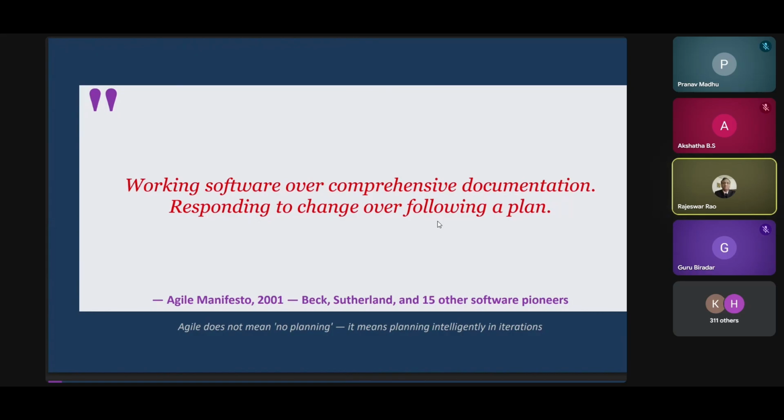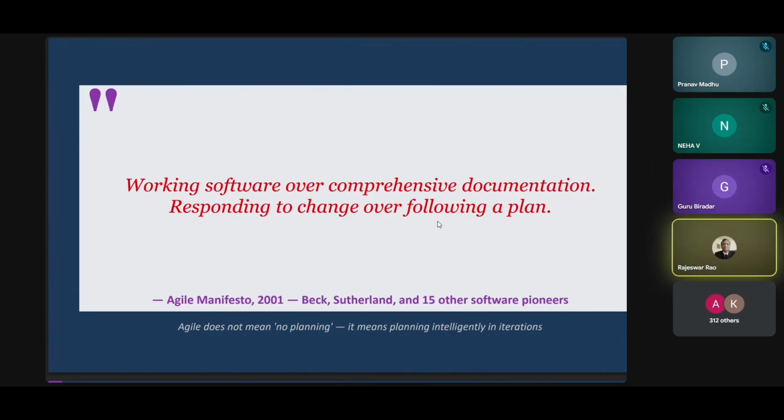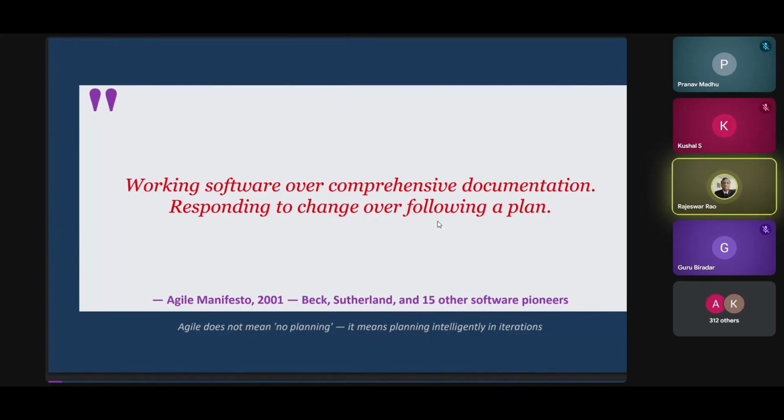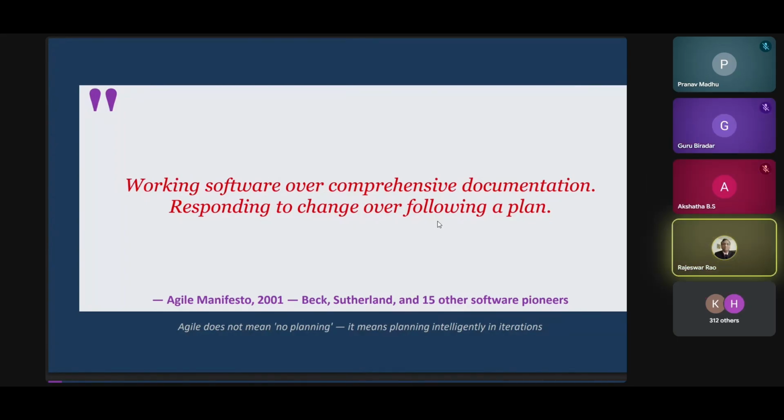So, we all are used to a traditional model of software development where the focus was more on documentation. But over the last decade to 15 years, whenever the internet-based applications started, all the modern technologies have come into the enterprise world and the mobile app world.